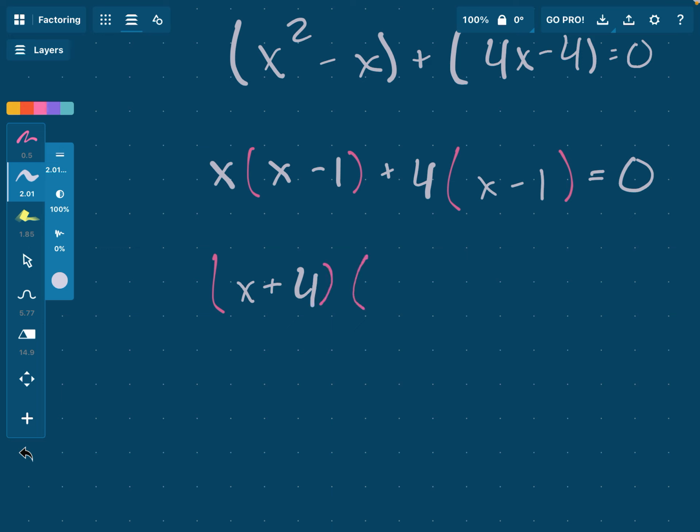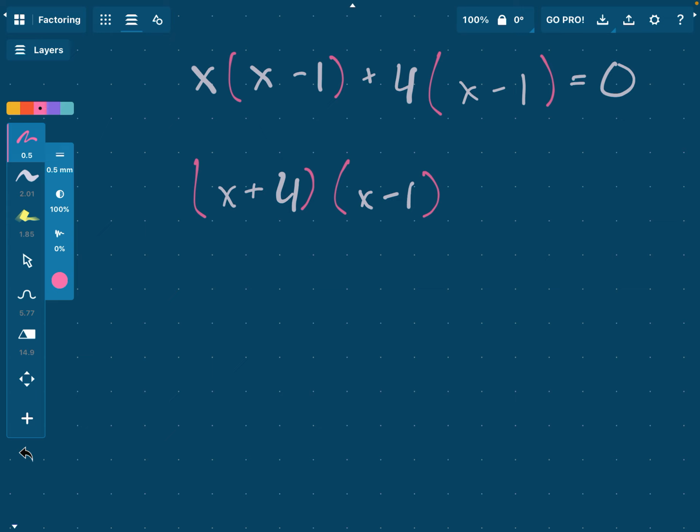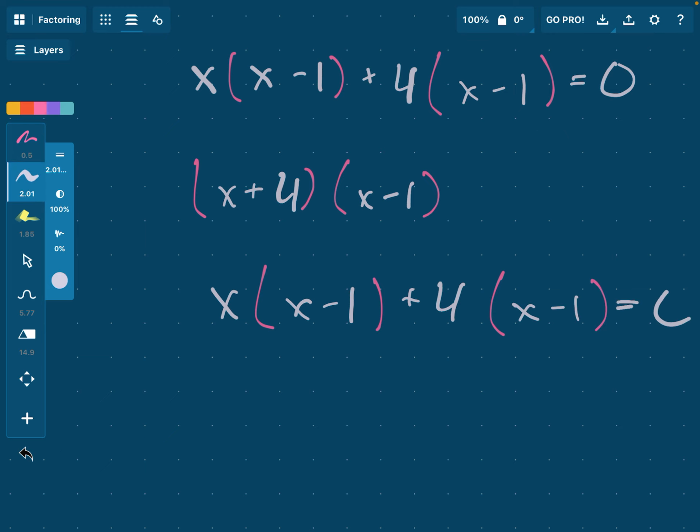times x minus 1. And just for the sake of going over it again and showing you how to do that one more time, we have x times x minus 1, changing colors, x minus 1 plus 4 times x minus 1, which is going to be equal to 0.